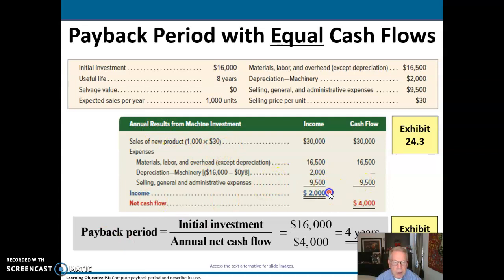Here's the income we expect to make, but that includes the depreciation on this machine. Depreciation is a non-cash expense, so they've removed it here in the cash flow calculation, and the cash we expect to generate per year is $4,000. So we expect that we'll pay this back in 4 years.